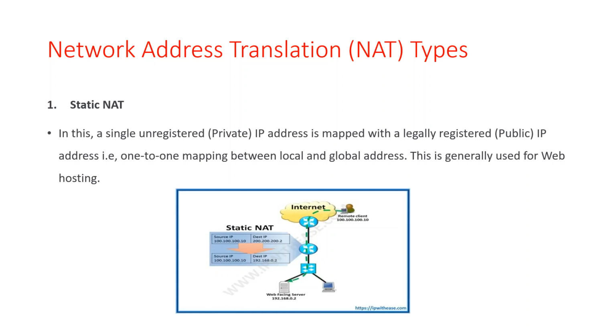Suppose there are 3000 devices that need access to the internet. So these 3000 devices are connected to the internet, and the organization has to buy 3000 public addresses, which will be very costly.